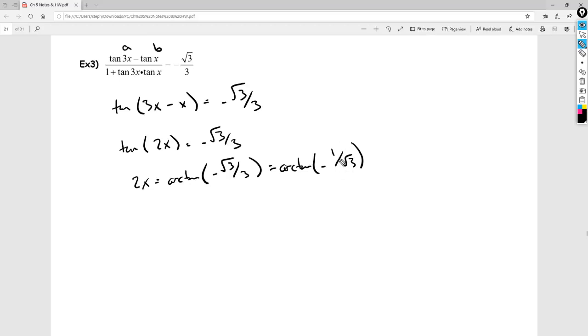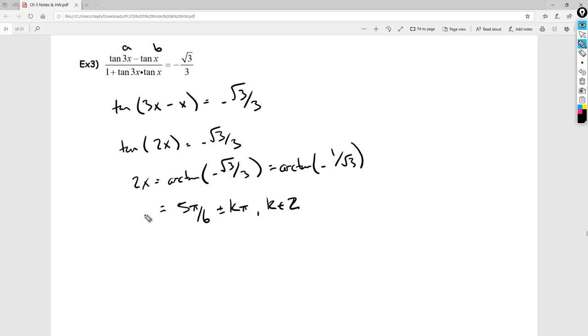Okay, just the divided by 2 part canceled out. So this is going to be a pi over 6 angle, or a 30-degree angle, or some factor of that. And so because this is negative, I know that if it's over 6, it has to be 5 pi over 6, or it has to be 11 pi over 6. Okay, so I'll write 5 pi over 6 plus or minus k pi, where k is an integer.